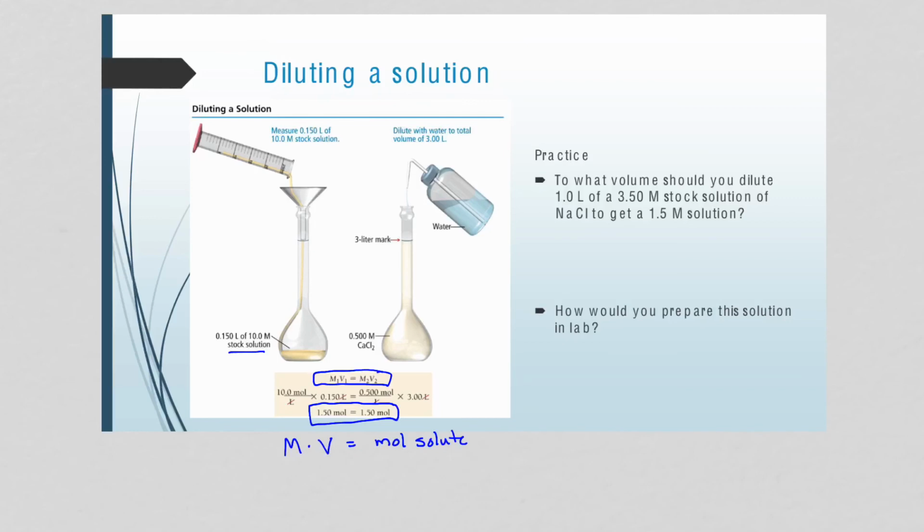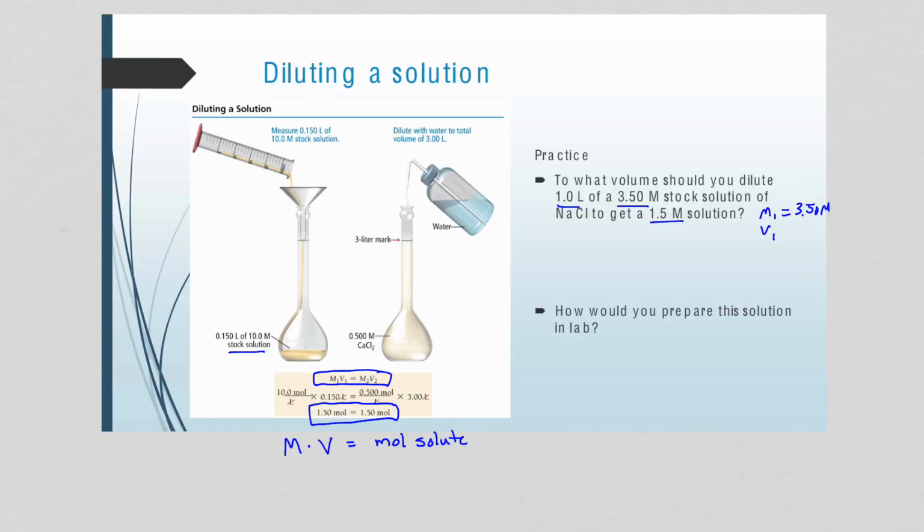To what volume should I dilute 1 liter of a 3.5 molar stock solution of sodium chloride to get a 1.5 molar solution? So if I want to think about what I know, well, I know my M1 equals 3.5 molar.